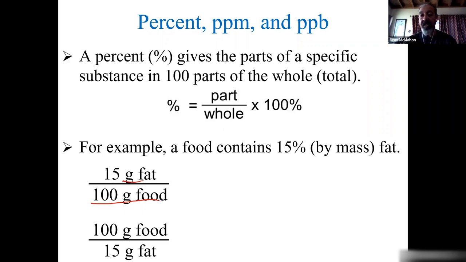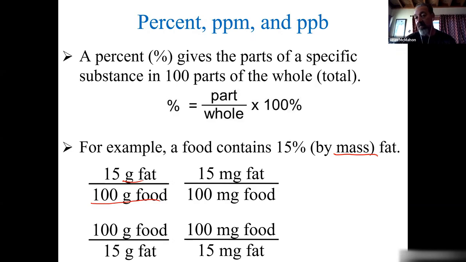If I'm not using the unit of grams, let's say I'm using something else, like milligrams, I can still use the ratio. 15% is 15 still over 100. It doesn't matter the unit. So I can change it to milligrams as long as I keep it consistent.